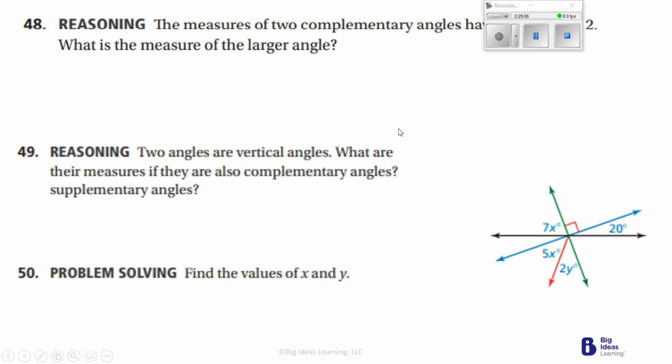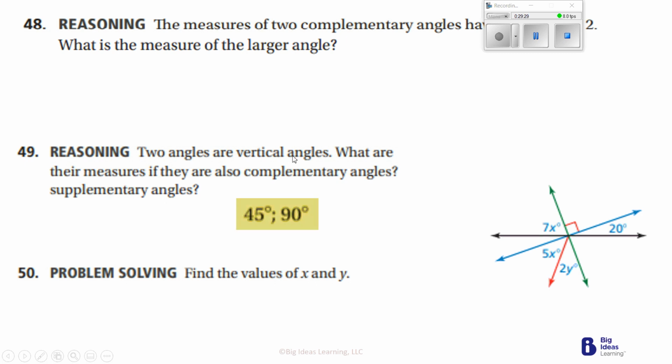All right, let's go on to number 49. Two angles are vertical angles. What are their measures if they are also complementary angles or supplementary angles? Wow. Okay. If I'm looking for vertical angles, well, I'm just going to keep it easy here.